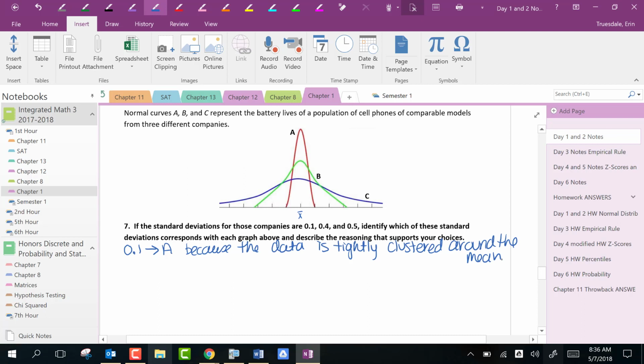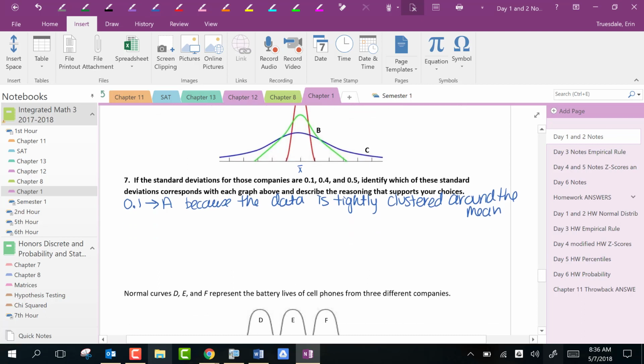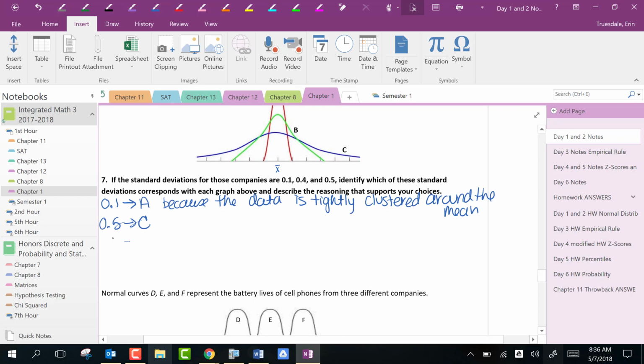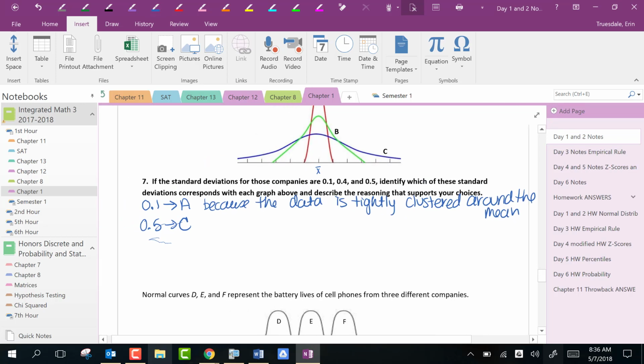Okay, so if that's true, what standard deviation do you think goes with C? 0.5, good, because that's the furthest apart. And then the 0.4 must go with B. So the more spread out you are, the higher your standard deviation is going to be. Questions on that?